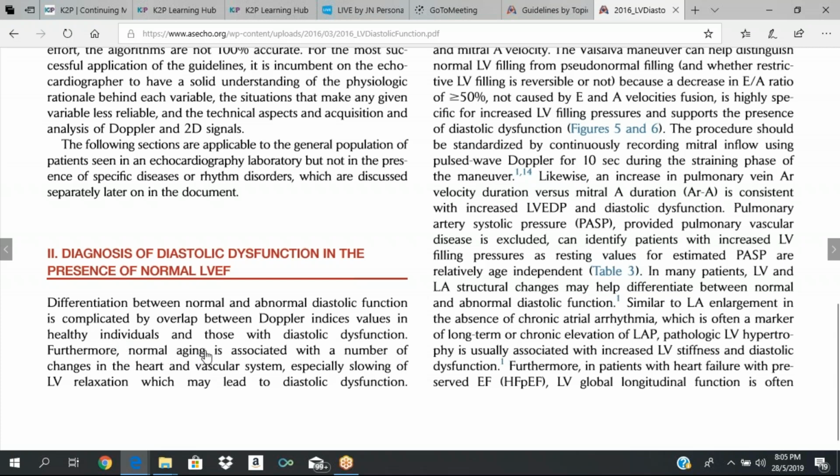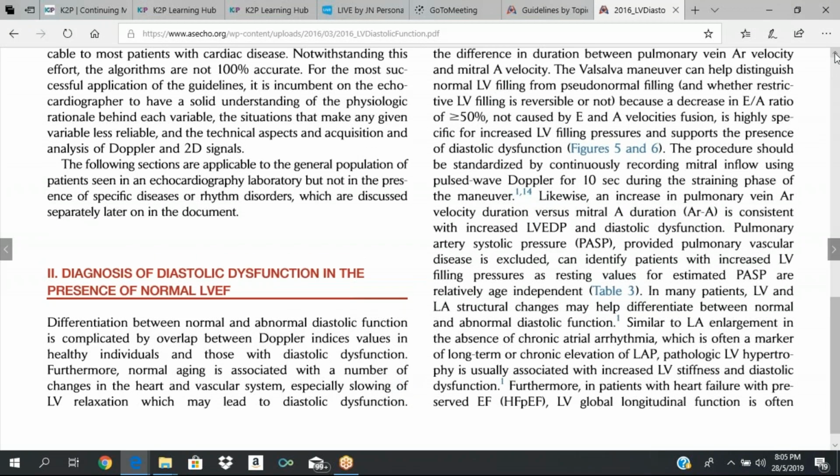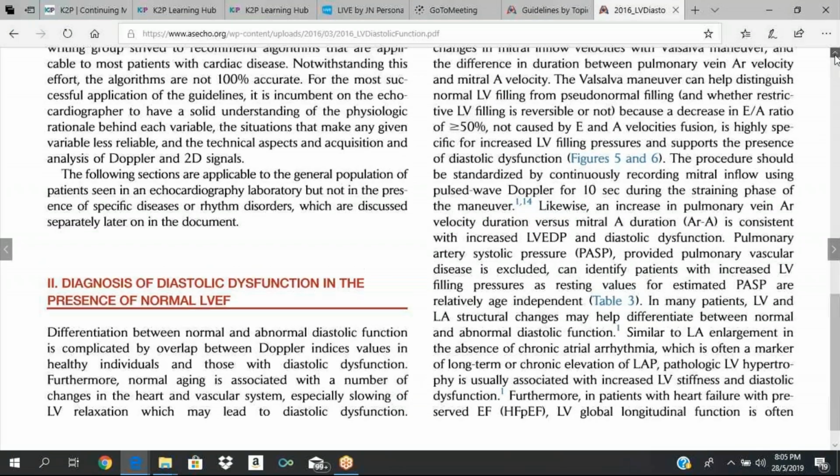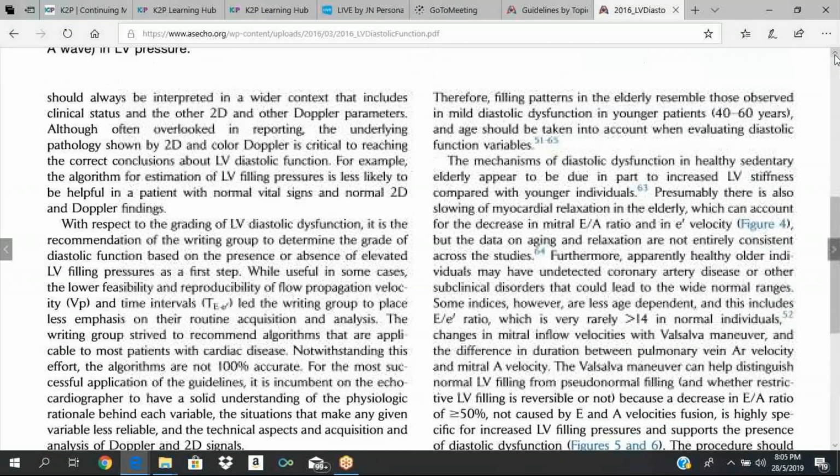Furthermore, normal aging is associated with a number of changes in the heart and vascular system, especially slowing of LV relaxation, which may lead to diastolic dysfunction. So what we're saying is that as one ages, there's a problem with LV relaxation. So you have to take the age of the individual into account when you're doing these assessments.